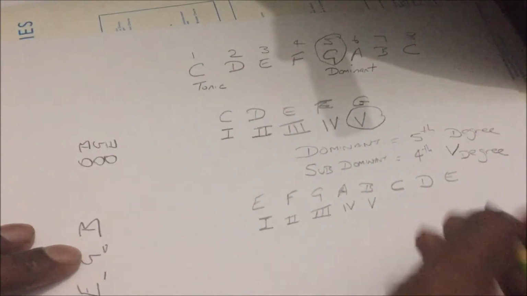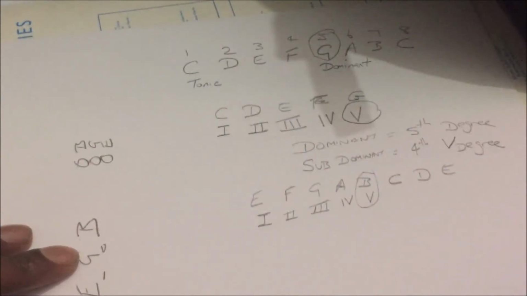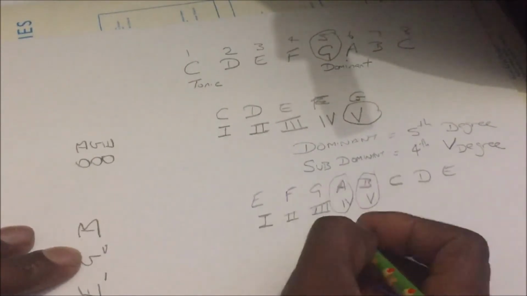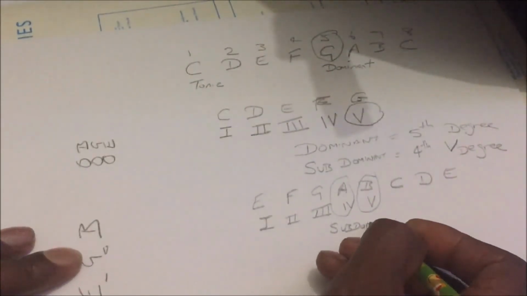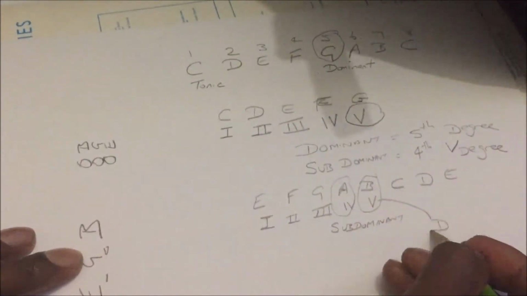The dominant in E major is B. What's the subdominant in E major? The subdominant is A. A equals subdominant. B equals the dominant.